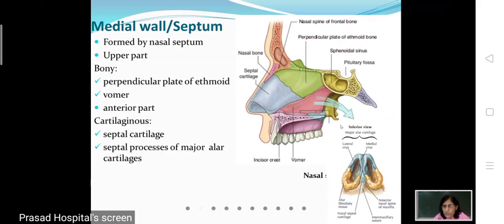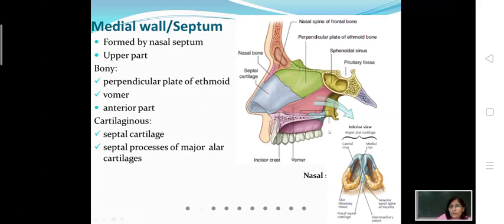What are septal processes? Septal process is nothing but the medial crura of major alar cartilage. What happens here is that mainly these two bones form the septum. The anterior part between these two bones is filled by the septal cartilage.